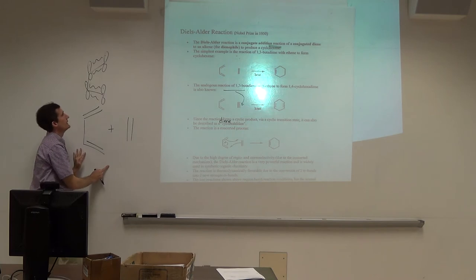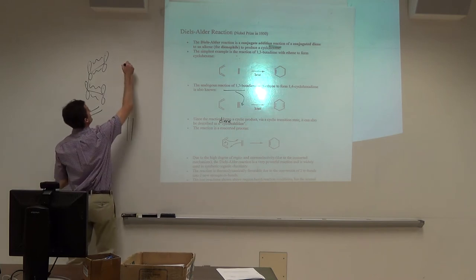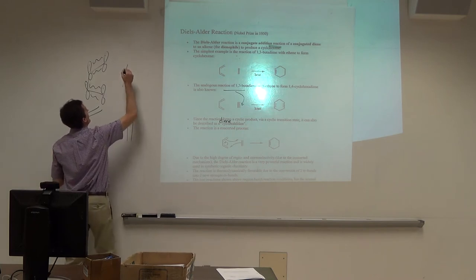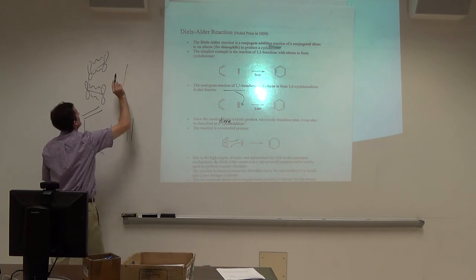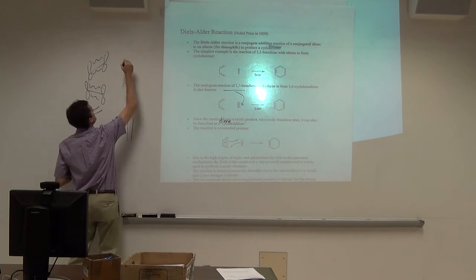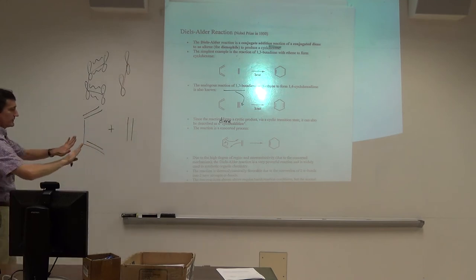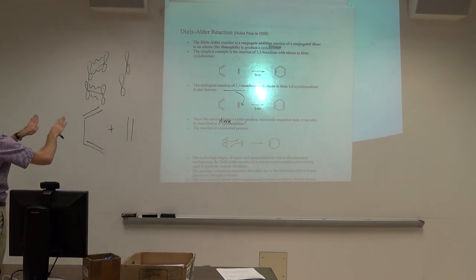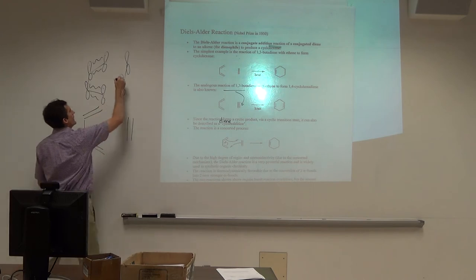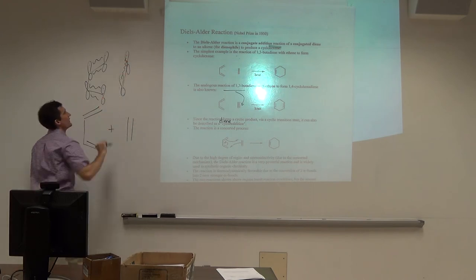This guy sort of approaches this, and I'm going to draw the p orbitals this way. I mean, these can be like this or this. They got to overlap. There's your pi bond there.